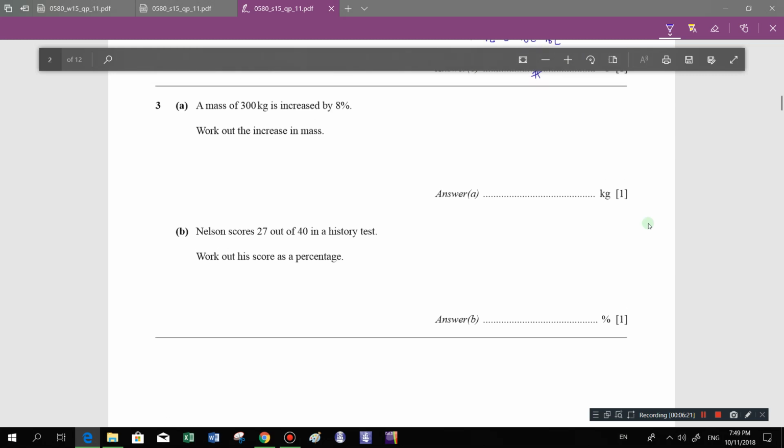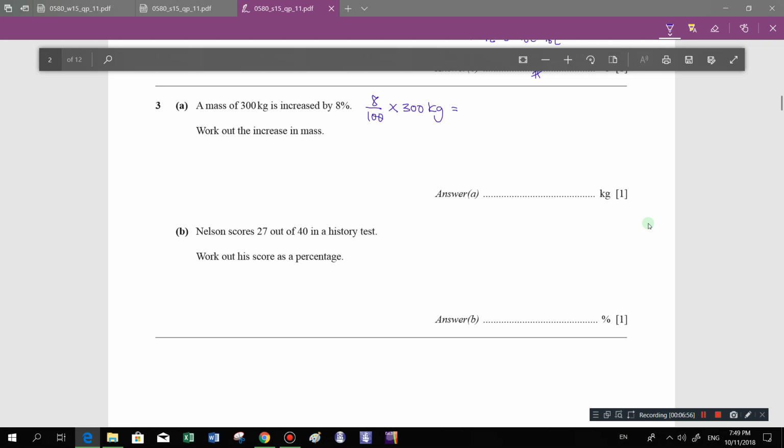Okay, let's look at this question. Quite straightforward. Increase by 8%. So what is the increase in mass? Basically, it didn't ask how big the mass is after the increase. It just asks you the increase in mass, how much is the extra. So you just take 8 over 100 times 300 kg.